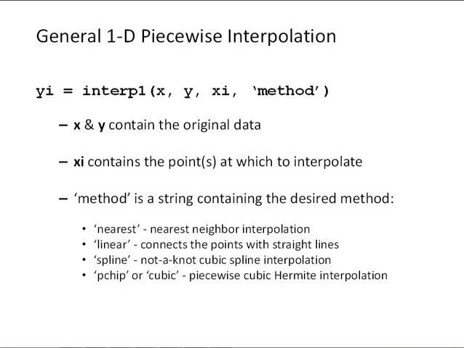MATLAB has another function for general one-dimensional piecewise interpolation, and that's called the interp1 function. The way that works is still the same basic approach where the first two inputs, x and y, are our given data that we're using for the interpolation. xi, the third input, is the point or points we want to interpolate to.